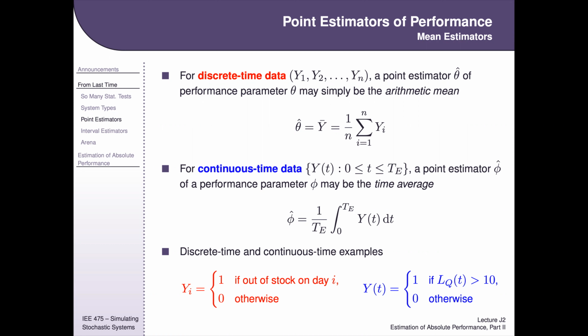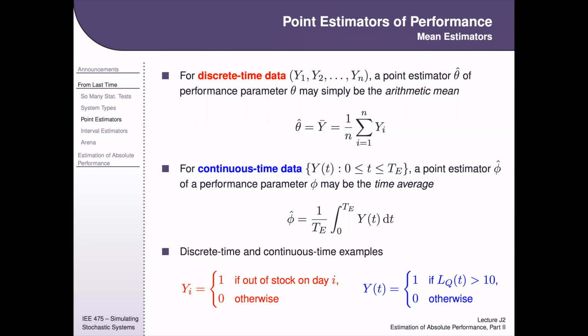And so that gives me a continuous time variable. And with that continuous time variable, I can integrate the area underneath the curve, divide it by the time interval, and that's how I get a time average. So this is what we mean by a time average: it's an integral divided by the length of the interval, and I integrate over that length of the interval. I've got examples here.